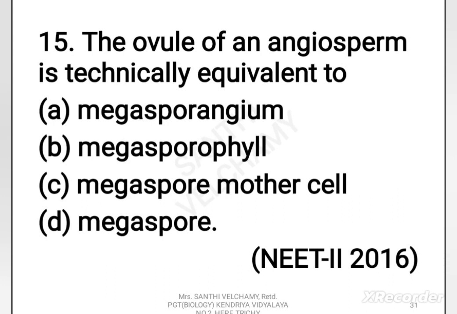The ovule of an angiosperm is technically equal to A. megasporangium, B. megasporophyll, C. megaspore mother cell, D. megaspore. The correct answer is A, megasporangium. The ovule of an angiosperm is equal to an integumented megasporangium.